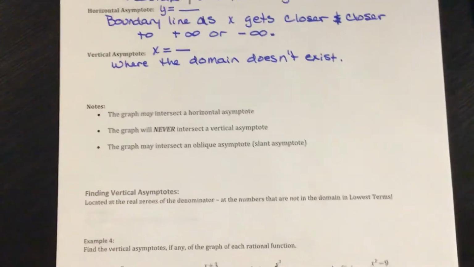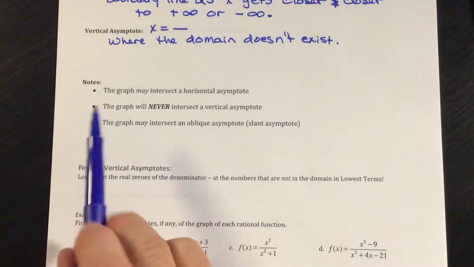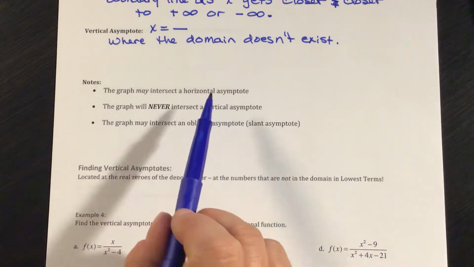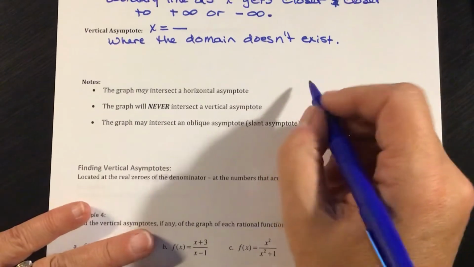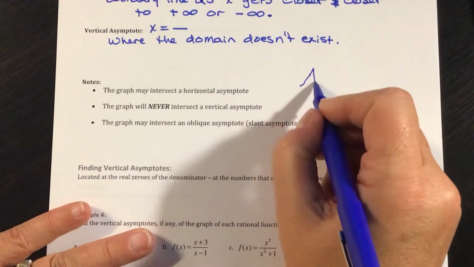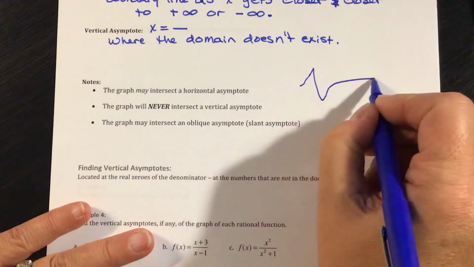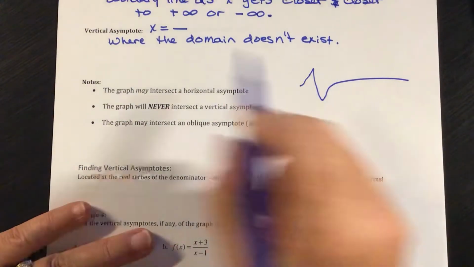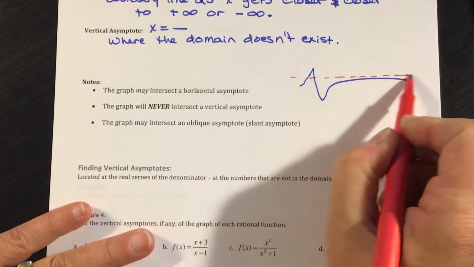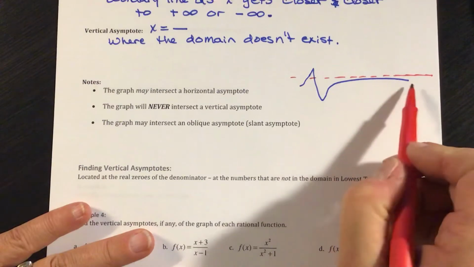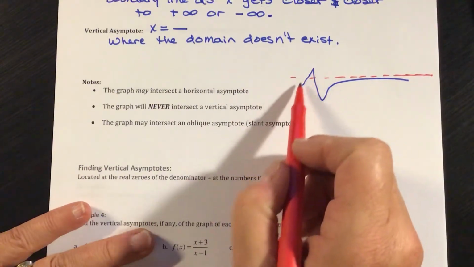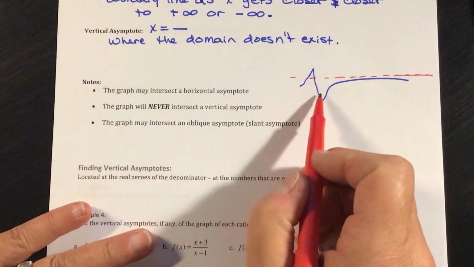All right, so just a couple things of note here. The graph may intersect a horizontal asymptote. For example, if I have a graph that looks like this, and I may have a horizontal asymptote out here, that this is not going to cross as it gets bigger and bigger and bigger, but over here it did cross the horizontal asymptote.